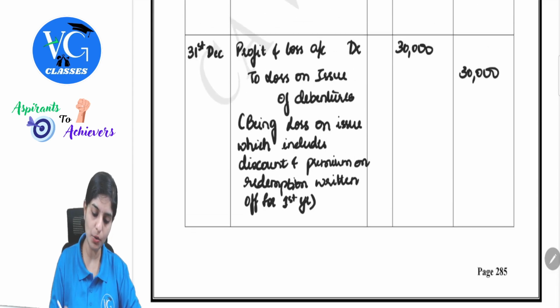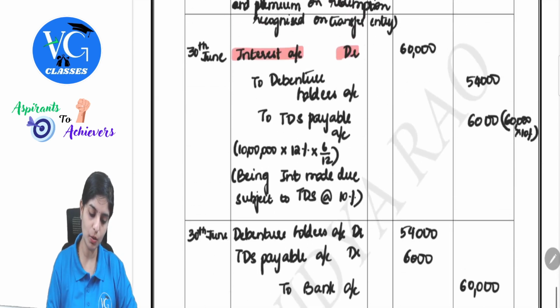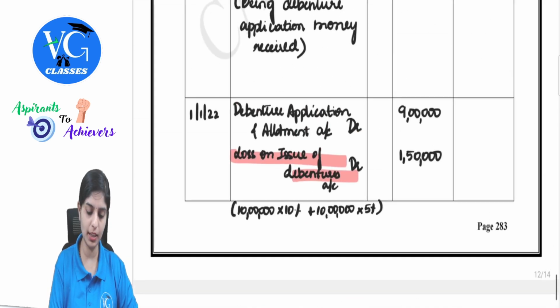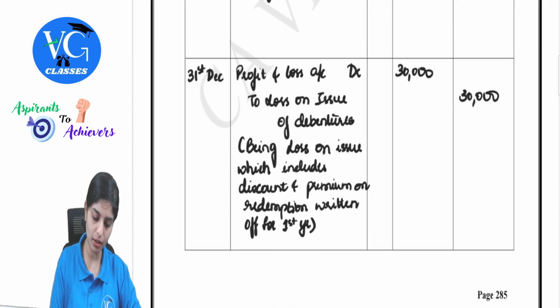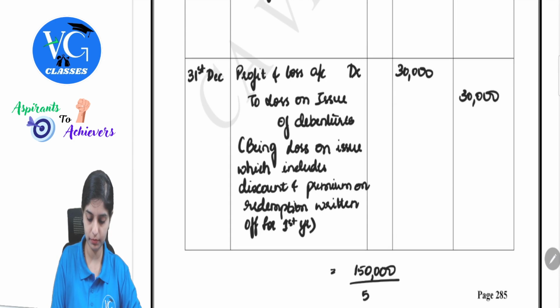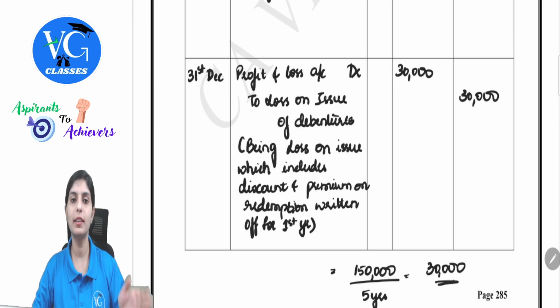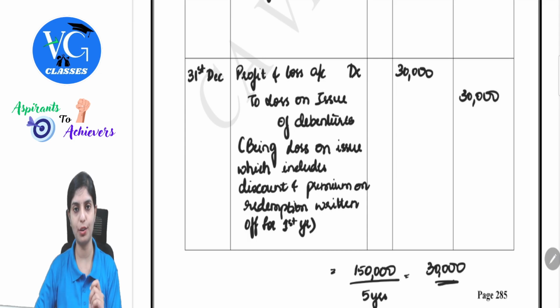Now to understand how we got this, your loss was how much? 1,50,000. So 1,50,000 over the period of 5 years will be 30,000. Every year 30,000 will be written off.